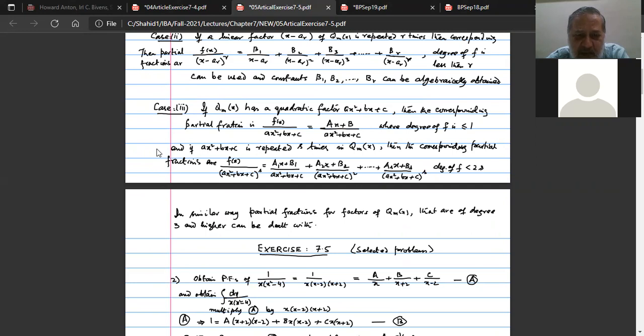If the quadratic factor is repeated, we will write down such terms as many times as the quadratic factor is repeated. If it is 2 times, then this and this term will be written. If the power here is 3, then 3 such terms will be written. In the first term the quadratic factor will have power 1, in the second power 2, in the third power 3.